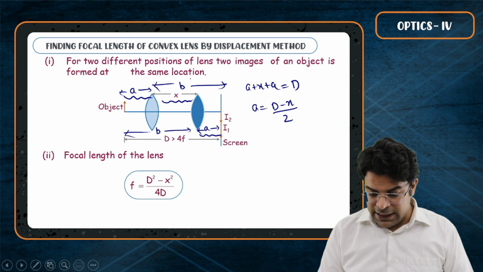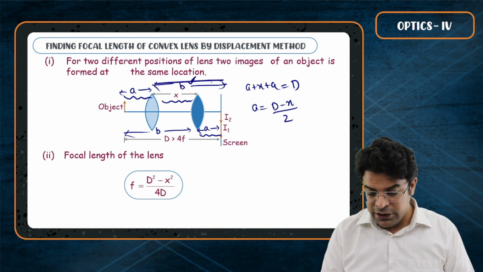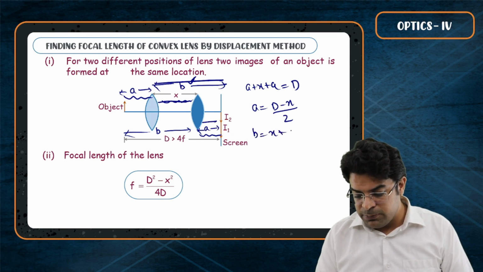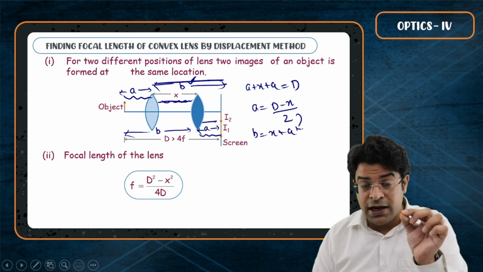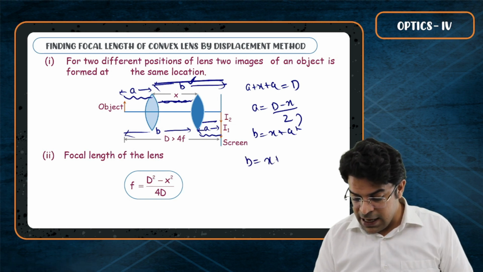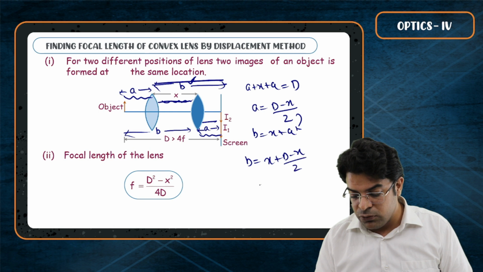Similarly, B, this length, equals X plus A. So if B equals X plus A and A is substituted as (D minus X) by 2, we get B equals X plus (D minus X) by 2, that becomes (D plus X) by 2.